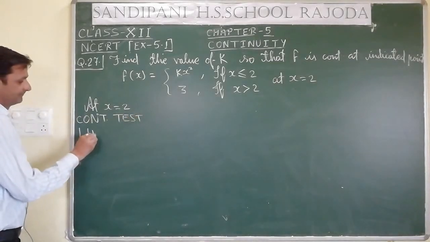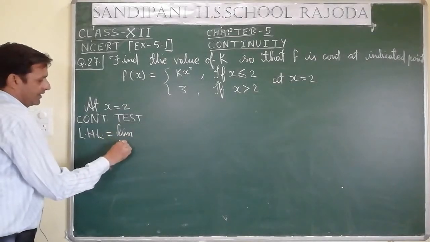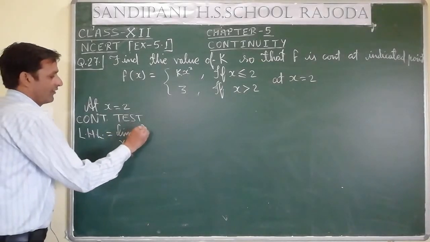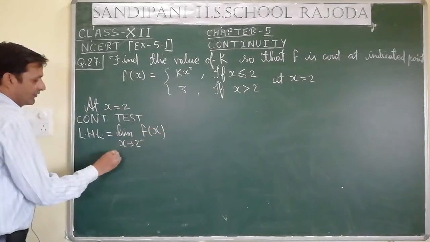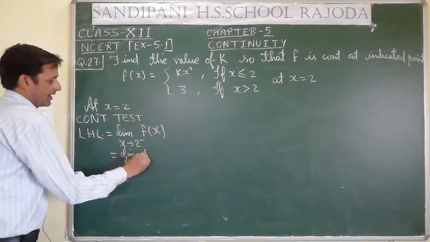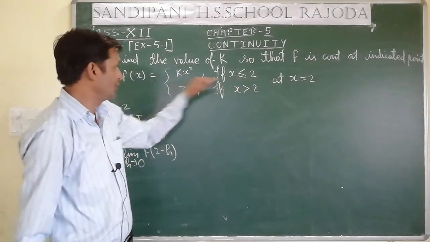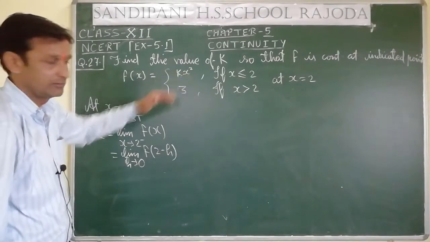LHL, that is equal to limit x tends to 2 minus f of x, that will be equal to limit h tends to 0 f of 2 minus h, means less than 2. This part of the function will be applicable.